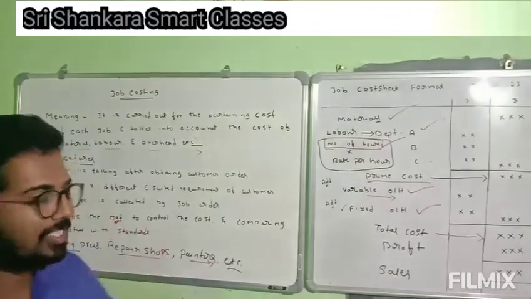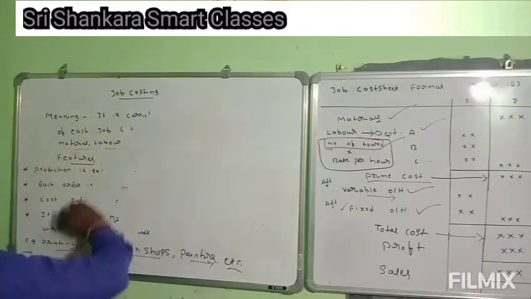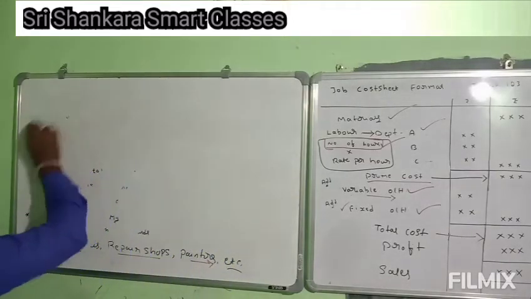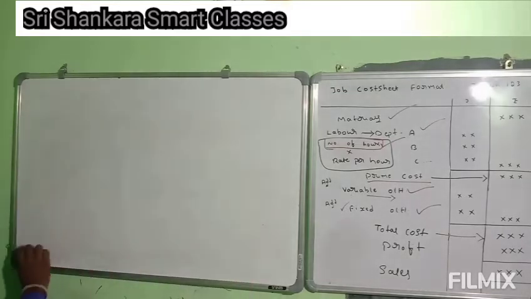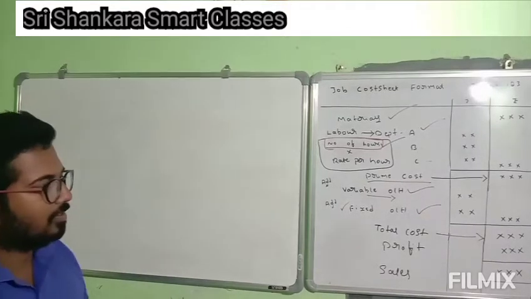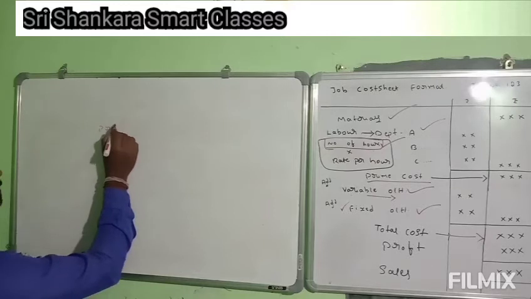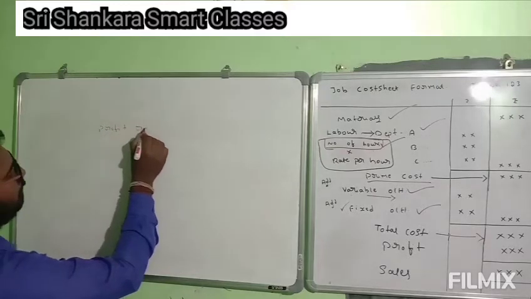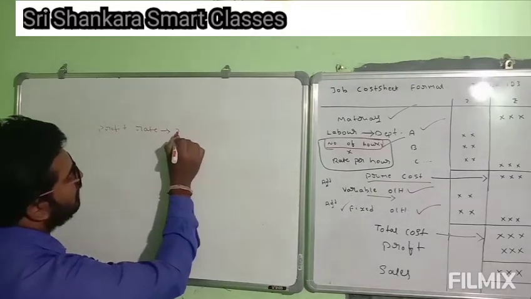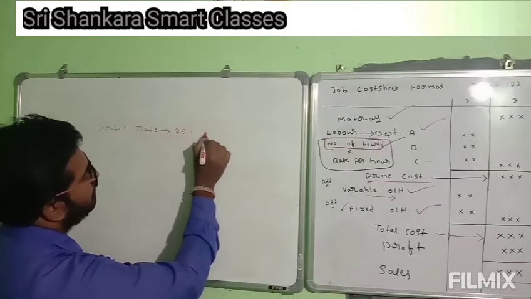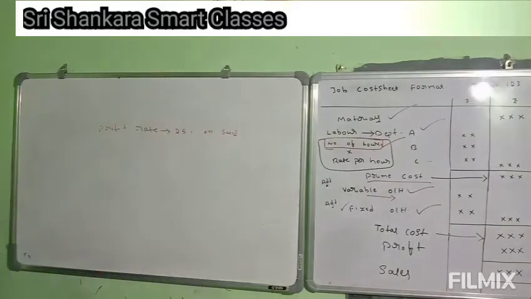Let us see one simple adjustment regarding the conversion of on sales to on cost. Suppose they have given a profit rate of 25%.